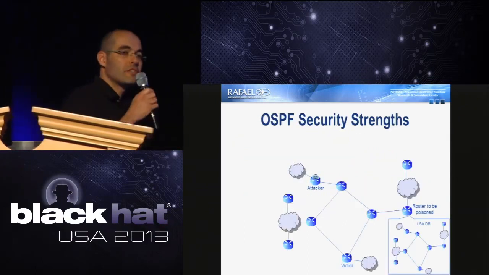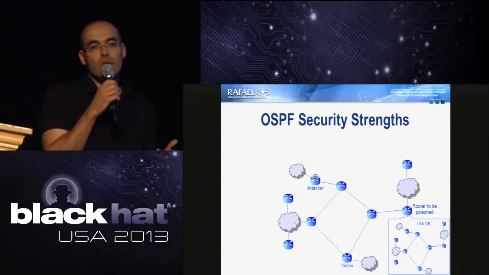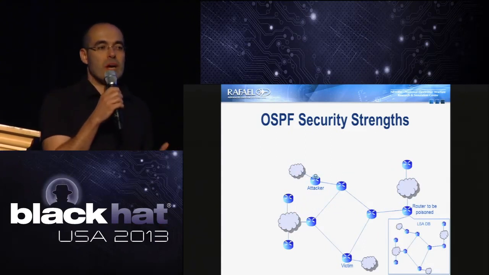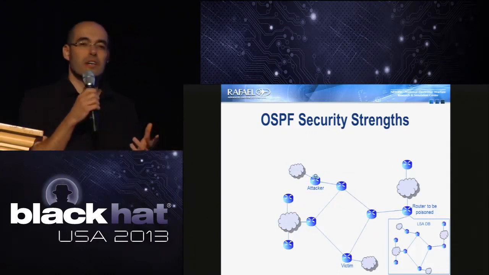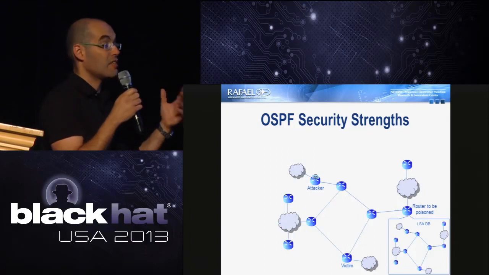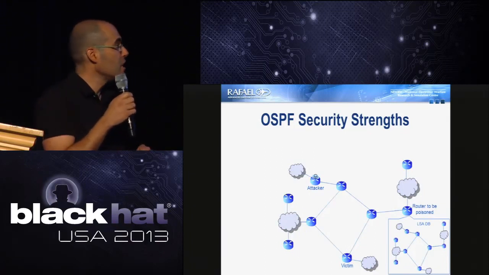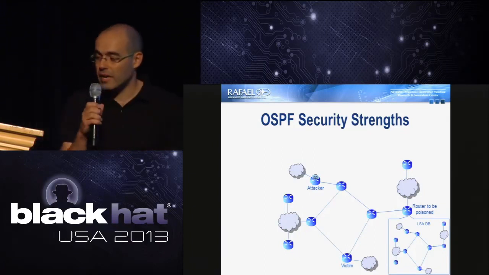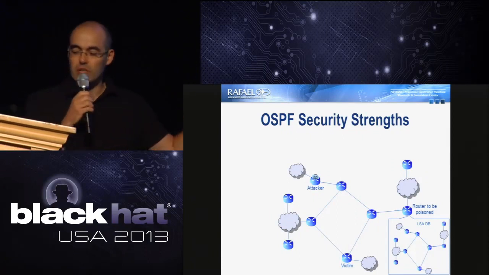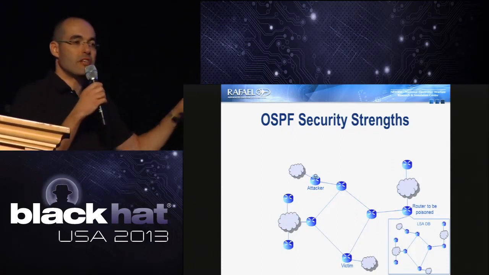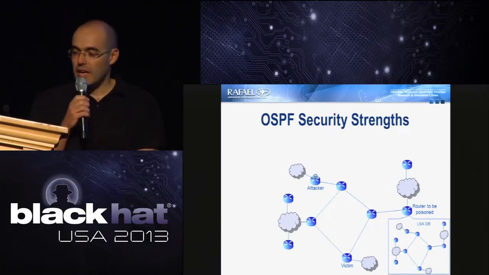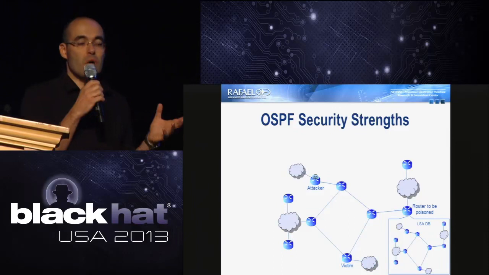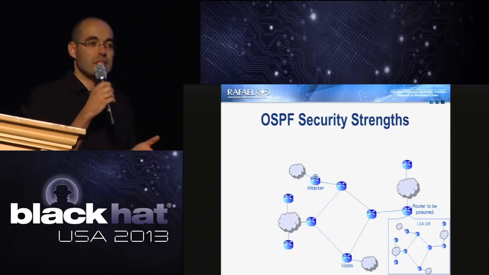Now, let me recap some of the OSPF security strengths and why it has been so hard, or even impossible in the general case, for an attacker to achieve such a goal. So here's an example. Let's say we have this autonomous system and an attacker that managed to take control of one of the routers up there. He now wishes to poison some of the routing tables of some of the routers within the autonomous system.